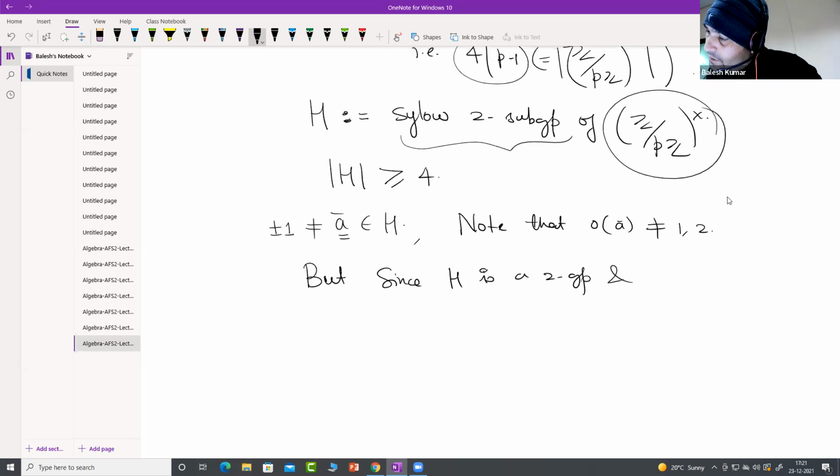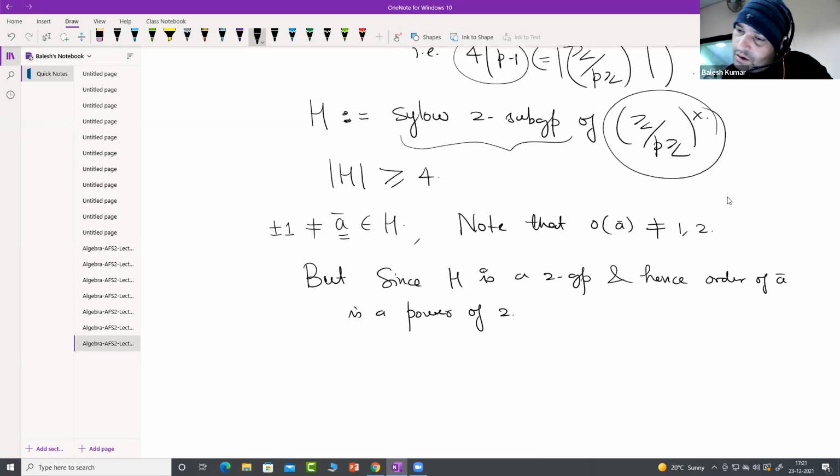Yeah, and hence by these results from the p-group results, the order of A bar is a power of 2. So therefore the order of A will be a power of 2, so it may be say 2 to the power 4 or 2 cube or something like that.